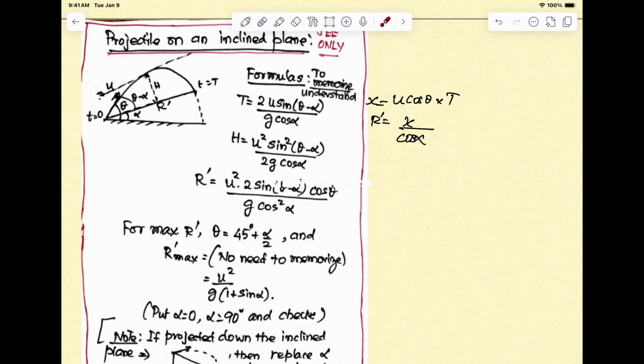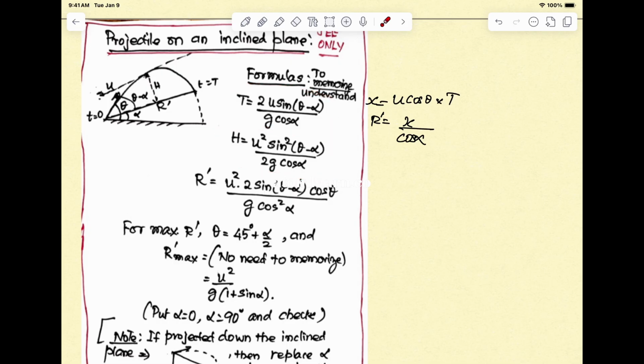Now, it is better that JEE Main people memorize all these three formulas because it becomes very simple. The T and H formulas are very simple because they have the same kind of format as a ground-to-ground projectile.